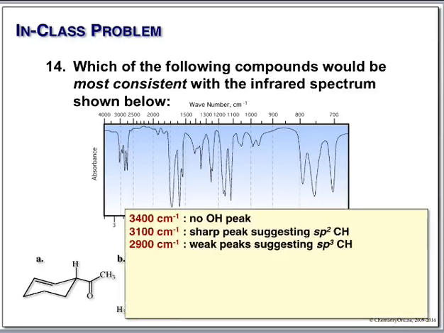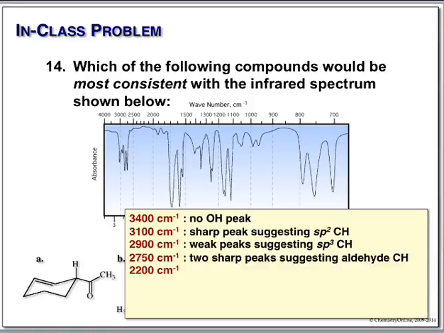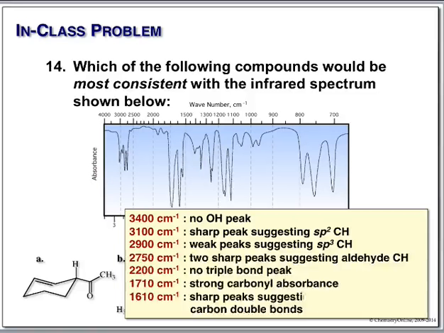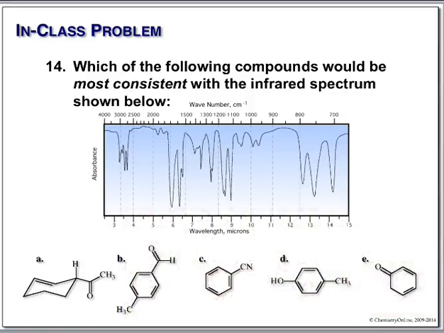A little thing there for sp3. Big, sharp aldehyde CH. This is the one that gives it away. No triple bond, nice carbonyl, and classic benzene ring here. This, of course, is 4-methylbenzaldehyde.